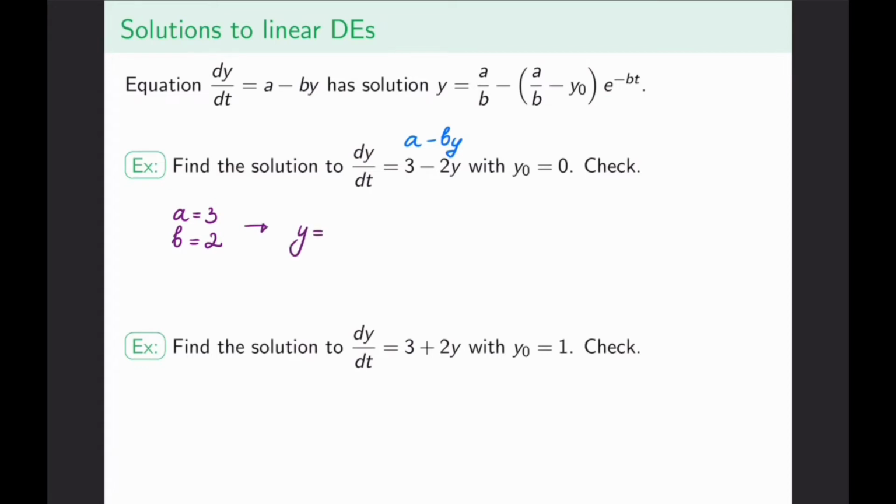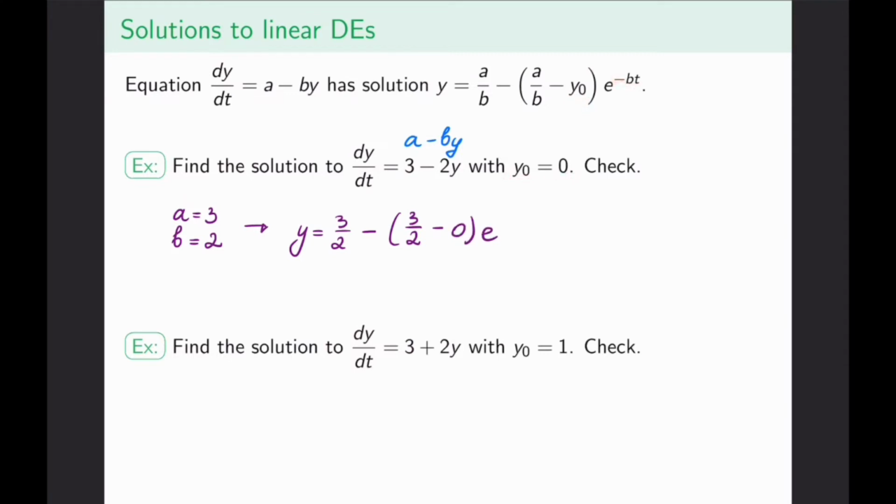So what I'm going to have here is y equals a over b, or in my case 3 over 2, minus brackets a over b, which once again is 3 over 2, minus y naught, so that's an initial condition, and in this case we're actually given that y naught is 0, times e to the power of negative bt.